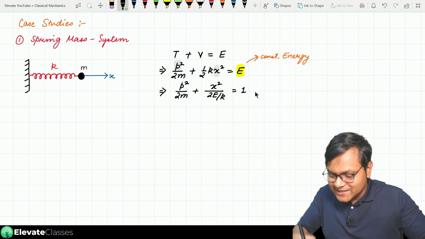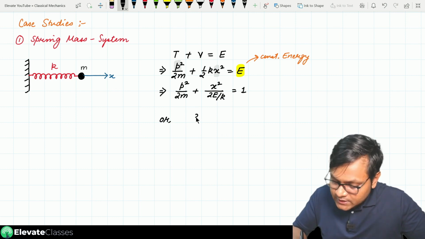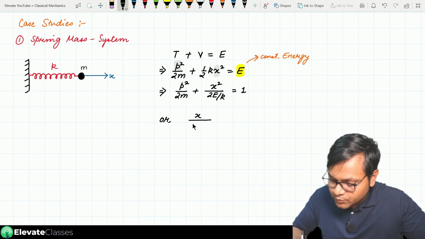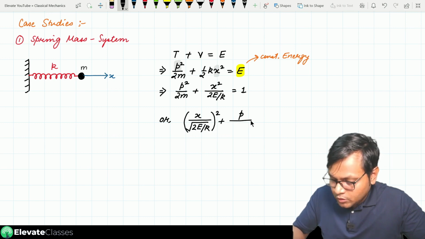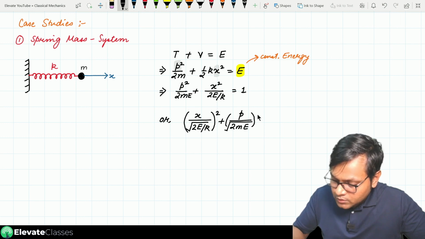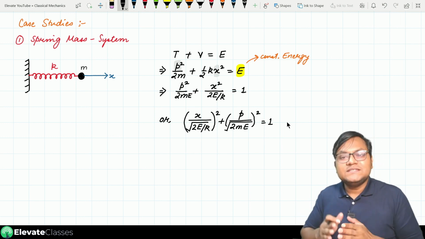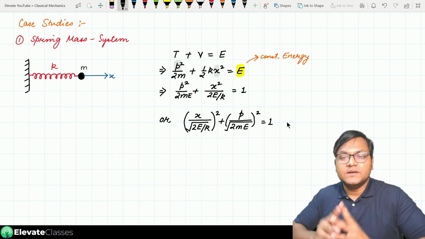Let me rearrange it a little more. Let's suppose I bring x first because that will correspond to the x axis. So x upon root over 2E upon k, whole square, plus p upon root over 2mE, whole square, is equal to 1. This is the equation of the phase space diagram corresponding to a spring mass system.